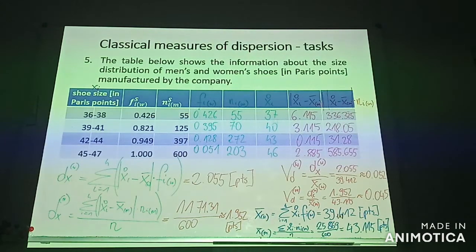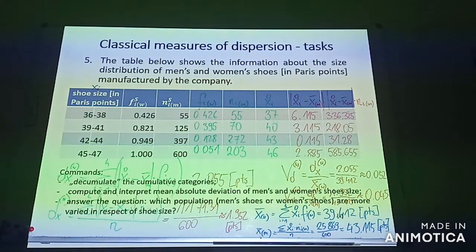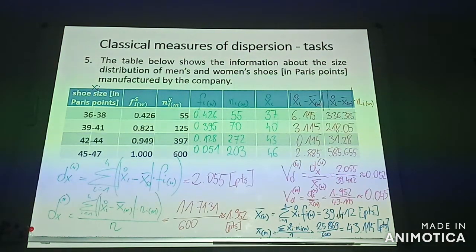And it's time for the main conclusion. The question was: which population, men's shoes or women's shoes, is more varied in respect of shoe size? The answer is women's shoes are a little bit more differentiated in respect of the shoe size.